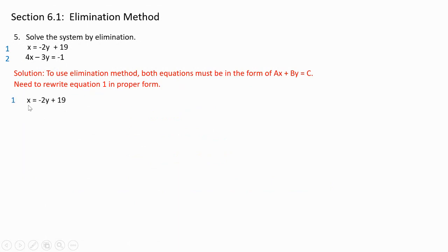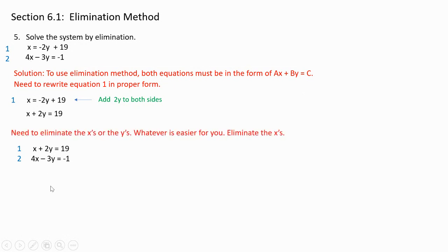So here, guys, I'm going to add 2y to both sides. That will give us x plus 2y equals 19. Now it's in proper form because it has to be in the form ax plus by equals c. So again, we rewrote equation 1 in the proper format, which is x plus 2y equals 19. And equation 2, we just bring it down.